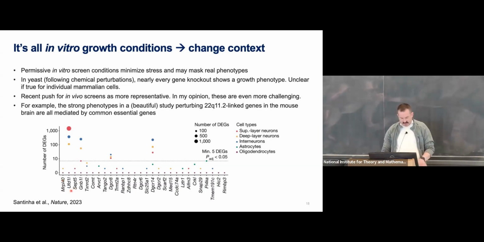This was an in vivo brain perturb-seq experiment where they're knocking down genes associated with 22q11.2 deletion syndrome. What you see here are the differentially expressed genes for their different perturbations, and you see these 4 outliers. These 4 outliers are all common essentials. So again, we're getting these common essential genes.